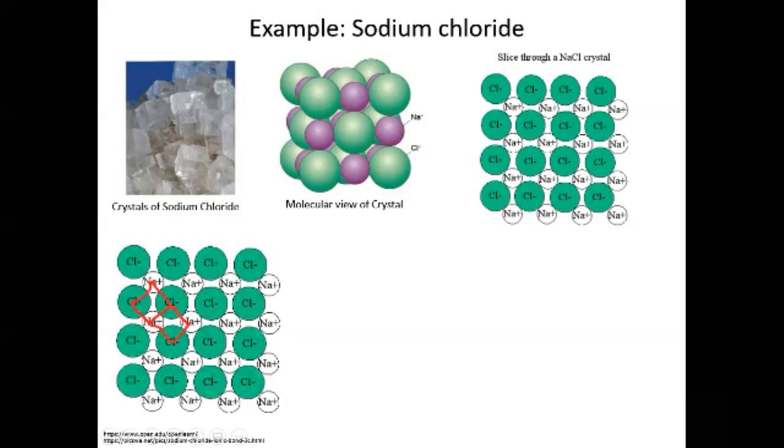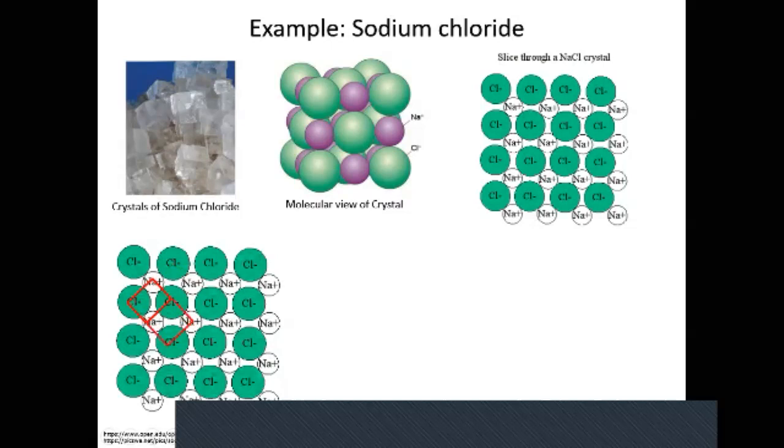So if we go up, it's the exact same thing that keeps on being repeated over and over. And so since it keeps being repeated over and over, this could be a valid unit cell for this. Of course, this is only a 2-dimensional net lattice, not a 3-dimensional space lattice for sodium chloride.